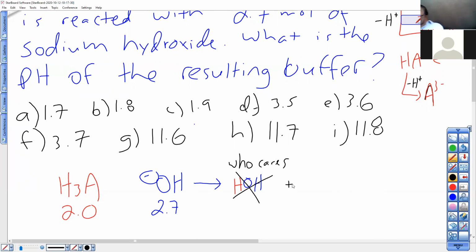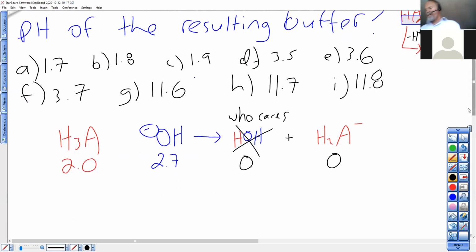What did you generate when you took a proton off H3A? Oh, it's already at the top of the screen. We started with 0 of each of these. Hydroxide, what kind of base? Strong. What's the definition of strong? Here it is. Must react completely.